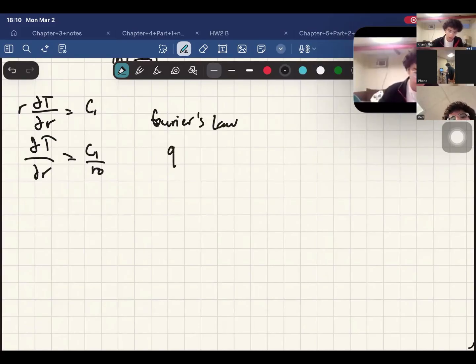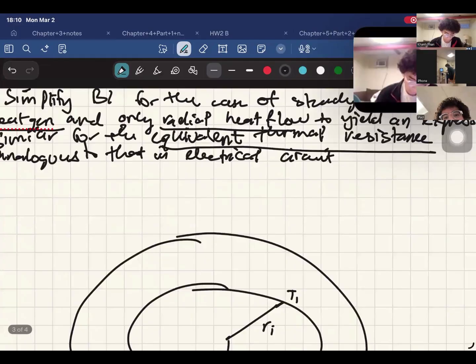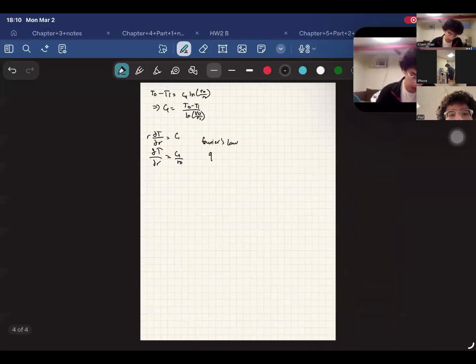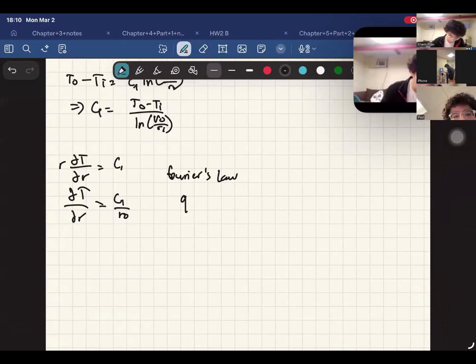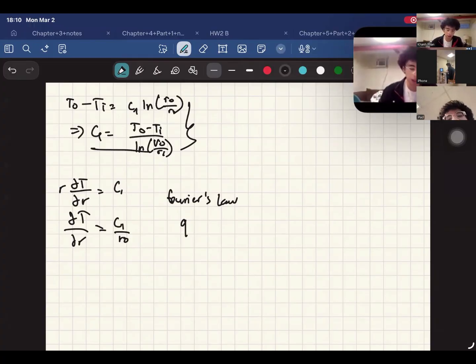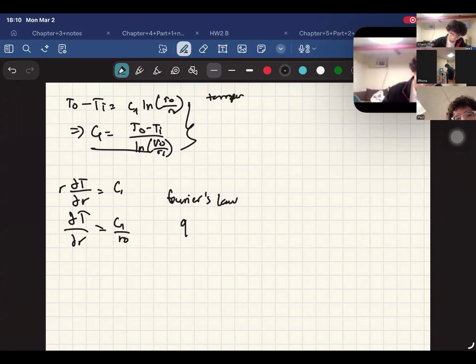Q. But in this case, also, just another note. Once we figure out C1, we can use it. We can find the temperature expression. We can find temperature or radius at any point.